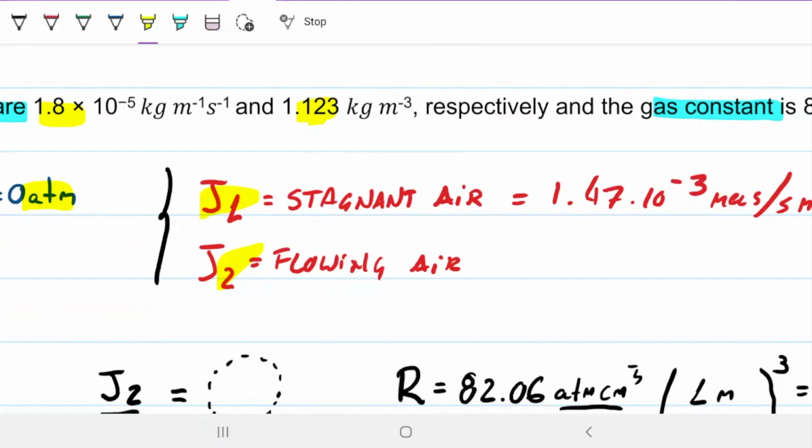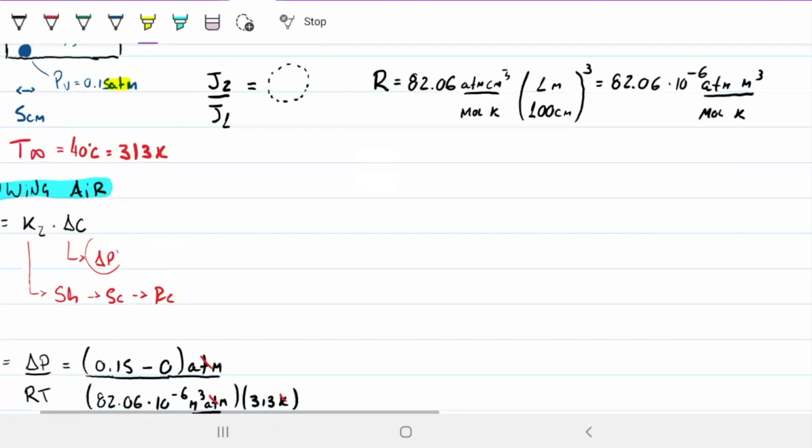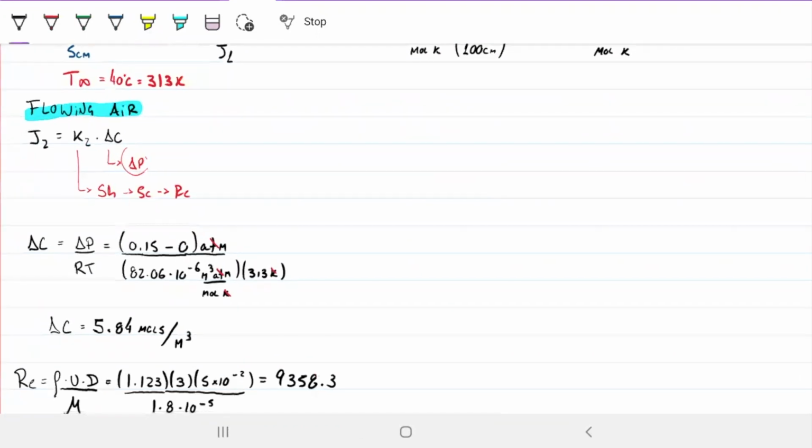So their diffusivities are the same. That means that if I can find diffusivity using stagnant air, for which I have more information, then I can use that diffusivity on the flowing air and solve it. So I'm about to do exactly that, and that's why I separated the flowing air over there, because now I'm going to do a little barrier here and start solving things for stagnant air.